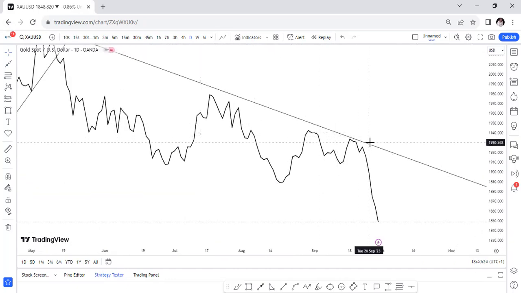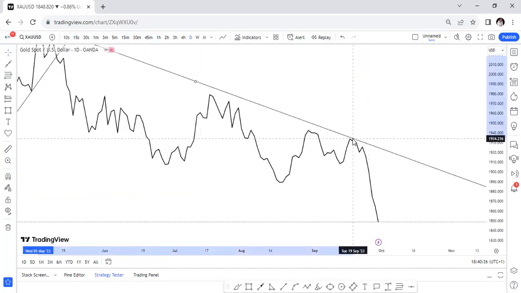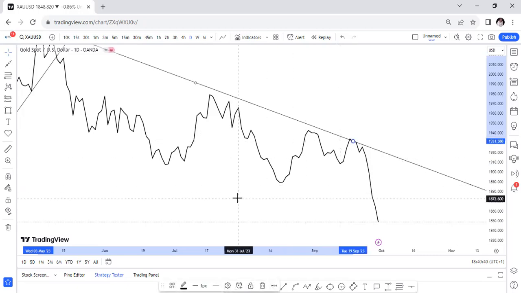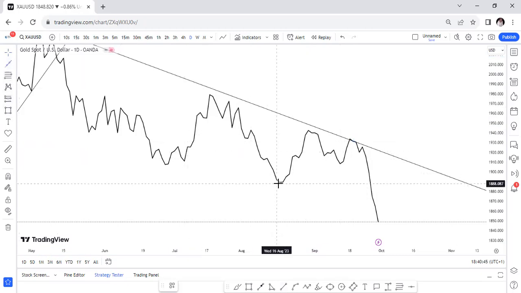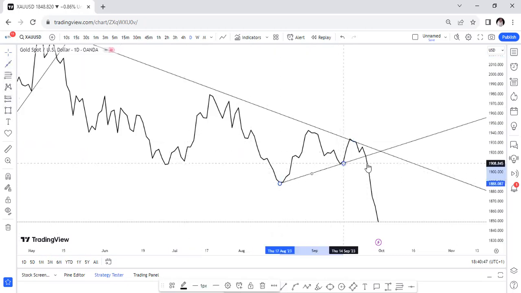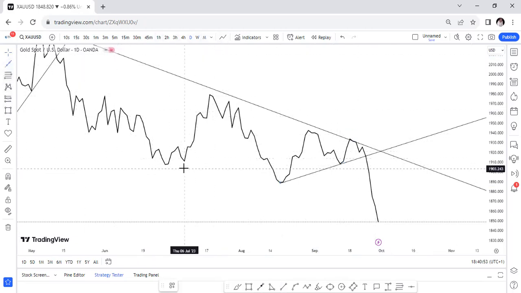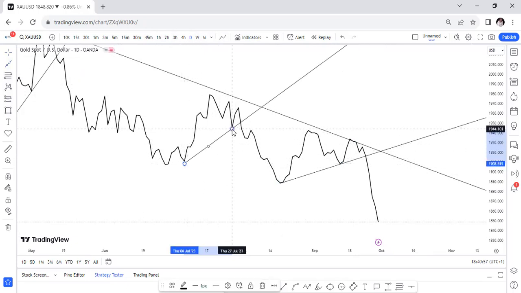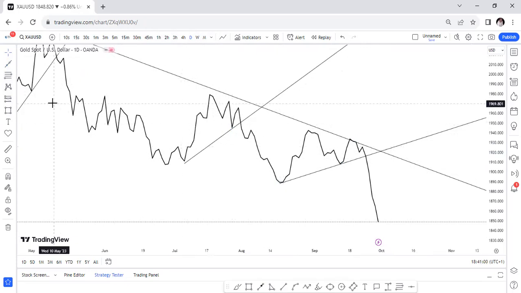This is another point connected to this. We get a breakout. This is first, and can you see it? So we get a good distance.